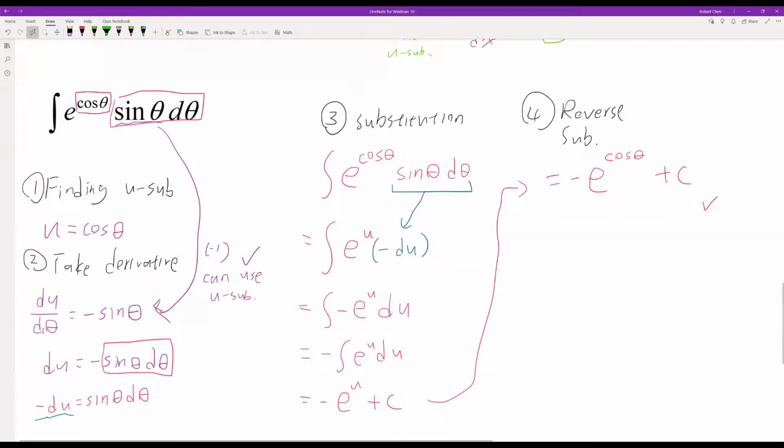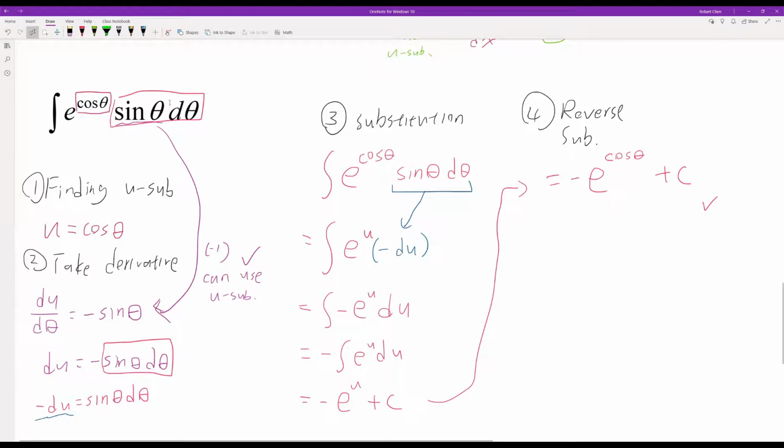Multiply the d theta to the right-hand side, and then figure out what's common between the right-hand side and the integrand. Usually you will have the d theta and then maybe some extra factor in there. In this case, it's sine theta. So this negative sign is extra, so we move it to the left-hand side. We have negative du is equal to sine theta d theta, which appeared in our integrand.